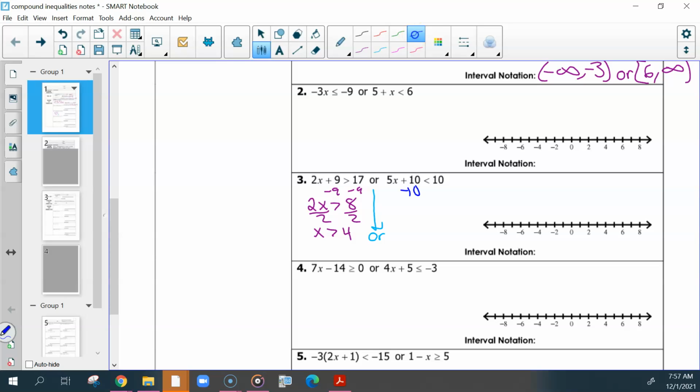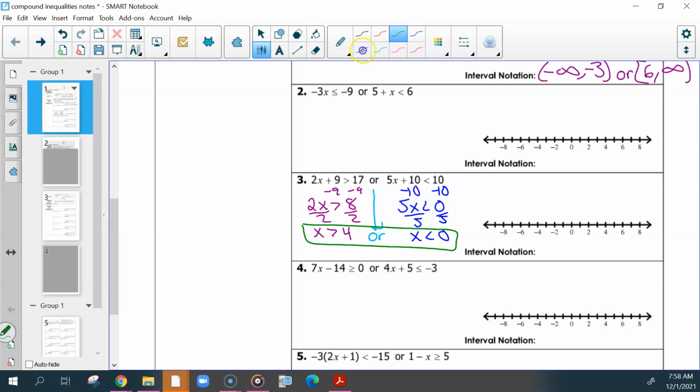Subtract 10 on both sides. And divide both sides by 5. So now I have x is greater than 4 and x is less than 0. That would be my solution set.